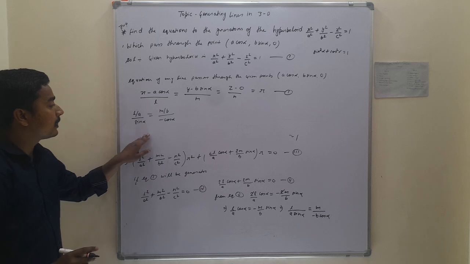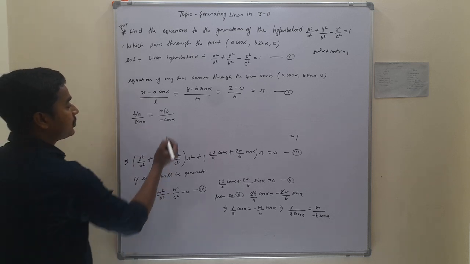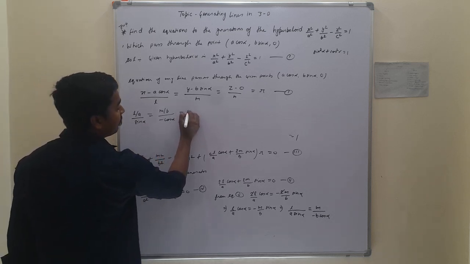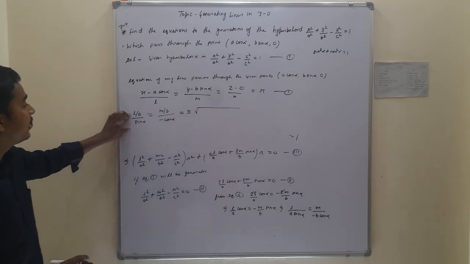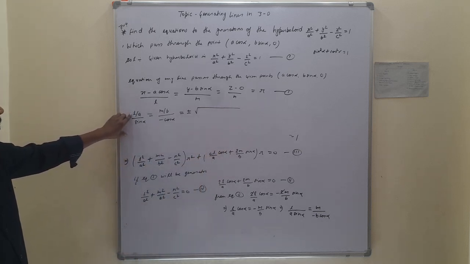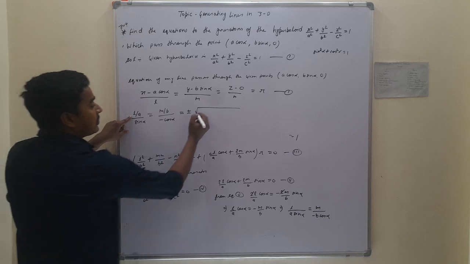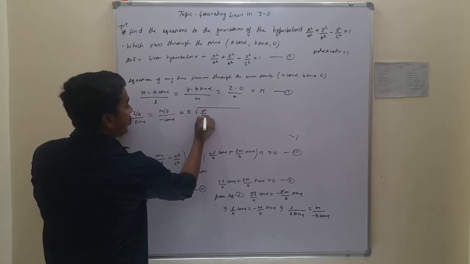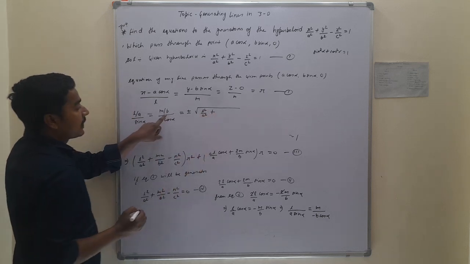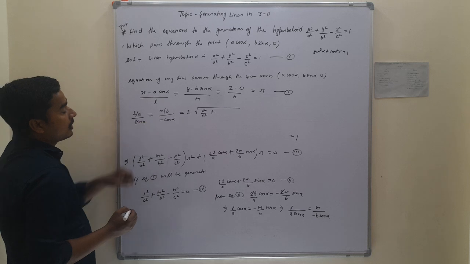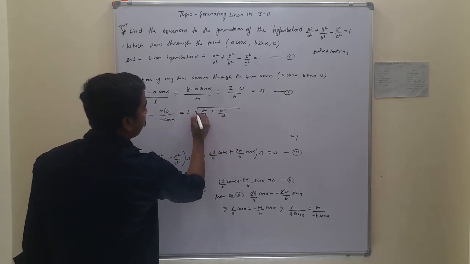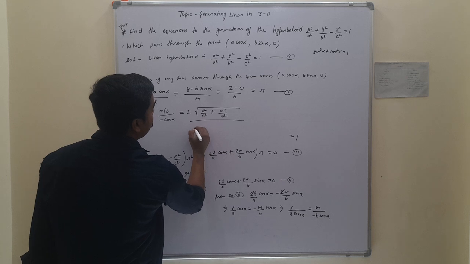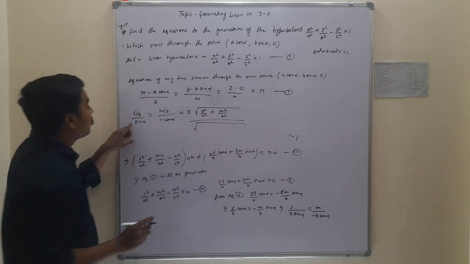If two ratios are given, then we have to find the third ratio. The third ratio is given by plus minus of under root of the sum of the squares of the numerators, L square upon A square plus M square upon B square, upon the sum of the squares of the denominators.